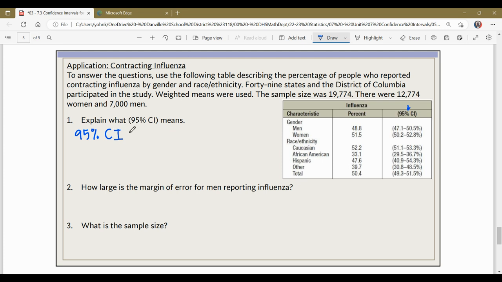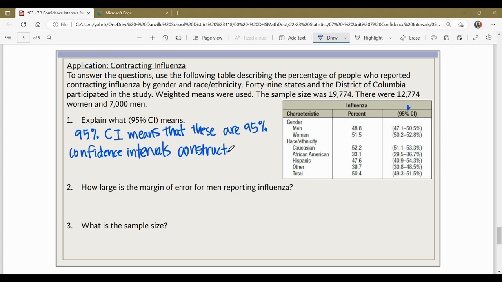So let's write that a little nicer. 95% CI means that these are 95% confidence intervals constructed from the data.